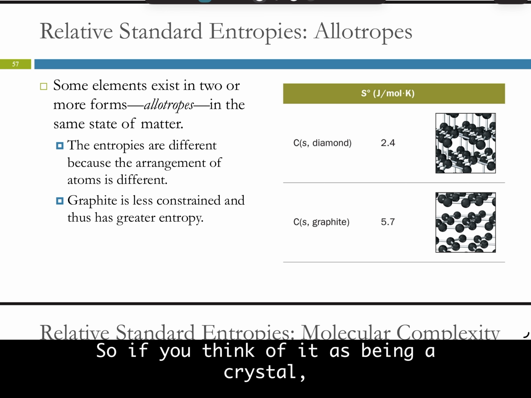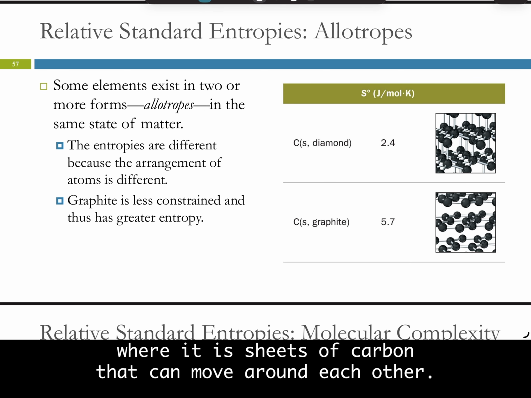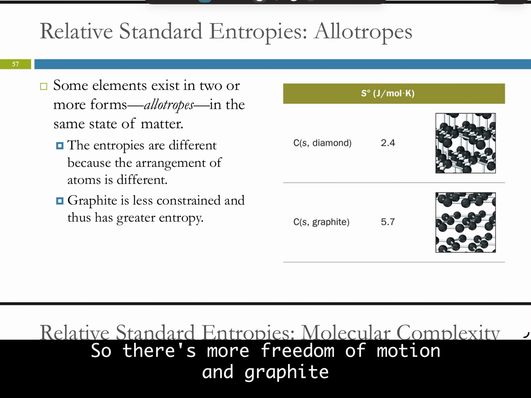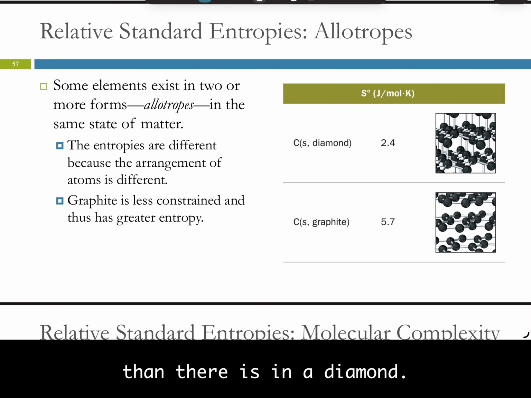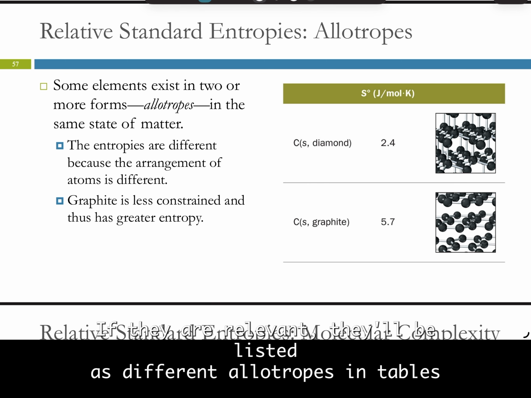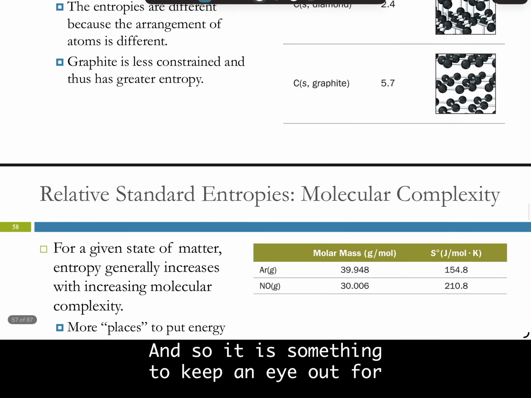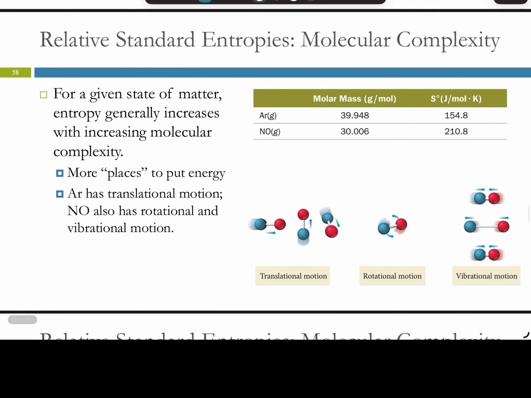So if you think of it as being a crystal, there are fewer energy states than in something like graphene or graphite, where it is sheets of carbon that can move around each other. So there's more freedom of motion in graphite than there is in a diamond. There are other things that have allotropes. If they are relevant, they'll be listed as different allotropes in tables where you look up these values. So it is something to keep an eye out for.